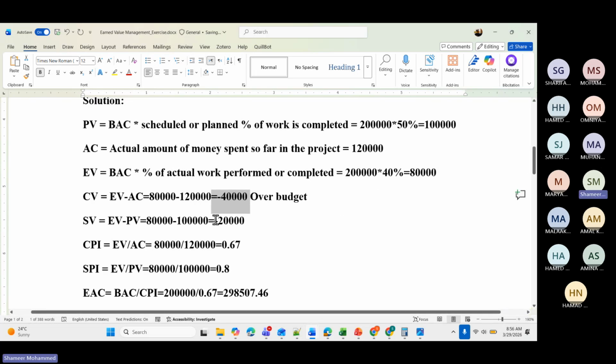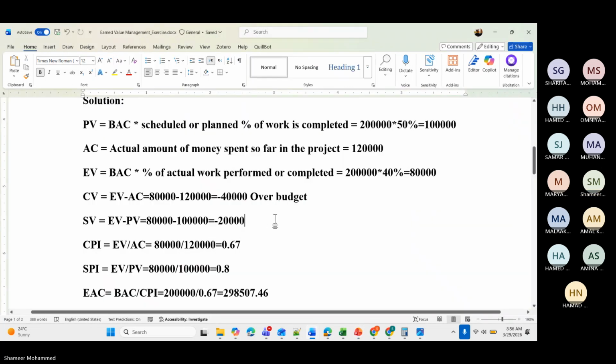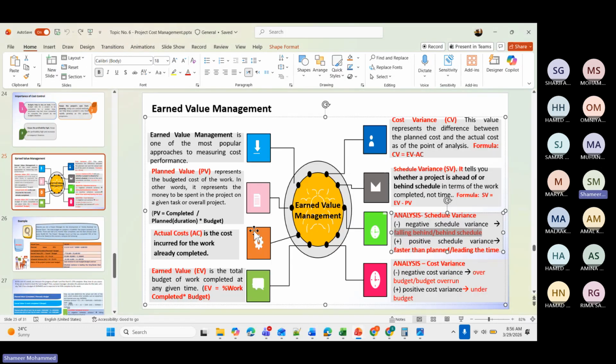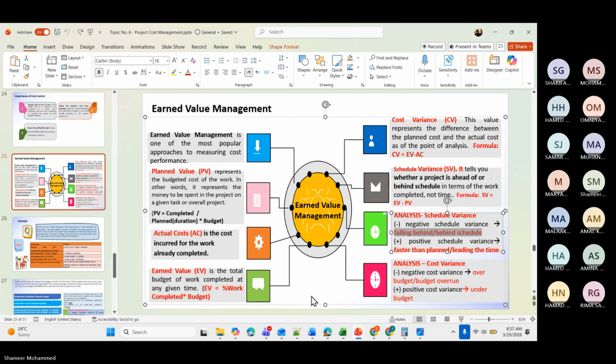What is the value you got? Minus 20,000. So schedule variance, if it is negative, that means you are falling behind the schedule. So CPI, cost performance index.